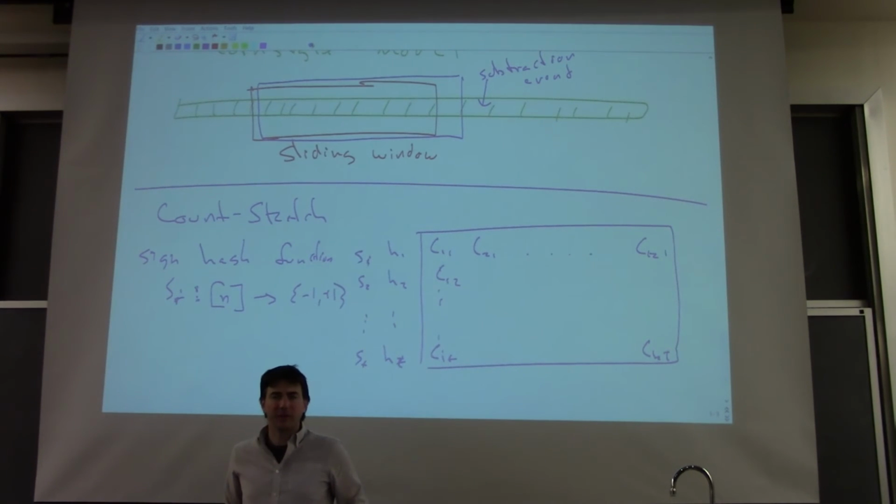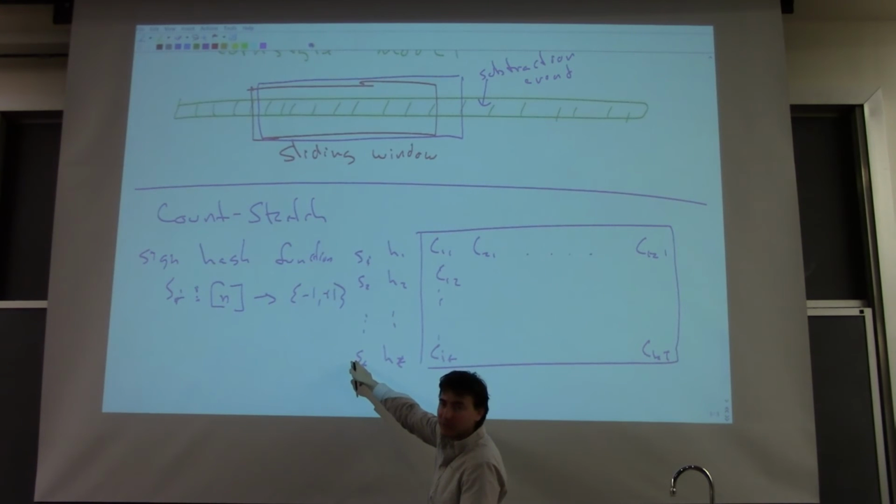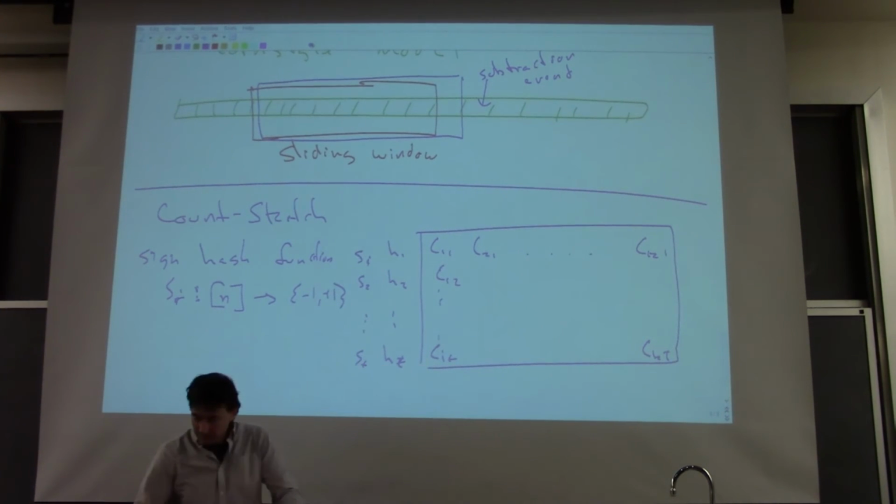So for every item that comes in, along with each regular hash function h, I'm going to have this sign hash function. It's going to give me a random sign along with it.